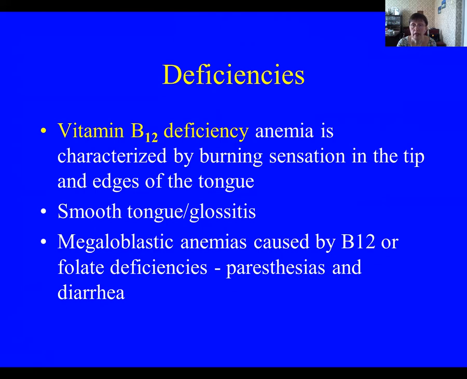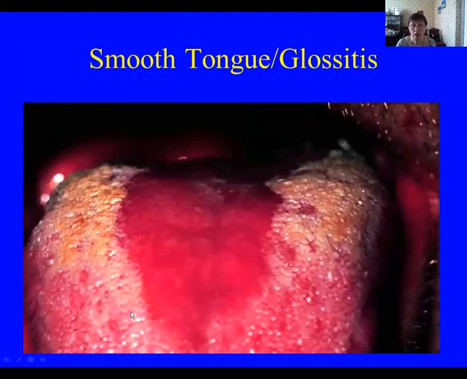The patient will have atrophic gastritis with reduced function of the stomach and a low level of gastric juice. And as a result of this, the patient may complain of diarrhea. Here we can see this famous smooth tongue, which is specific for B12 deficiency anemia.